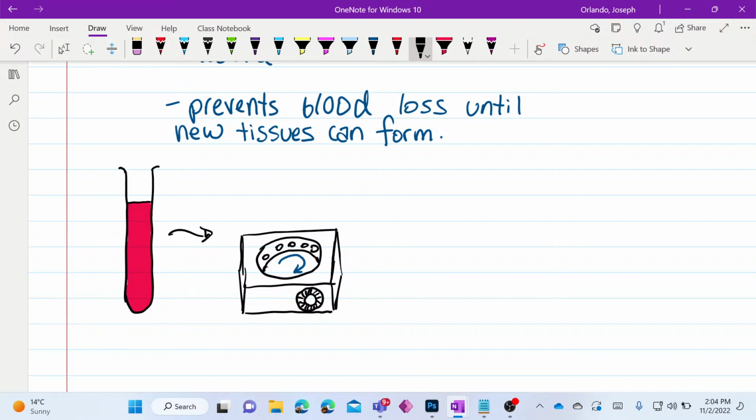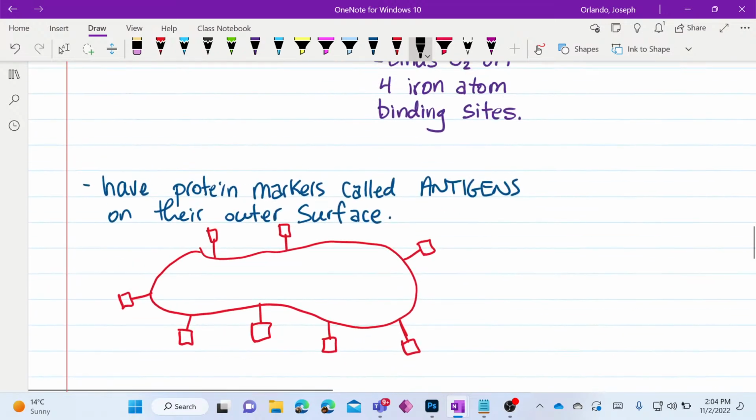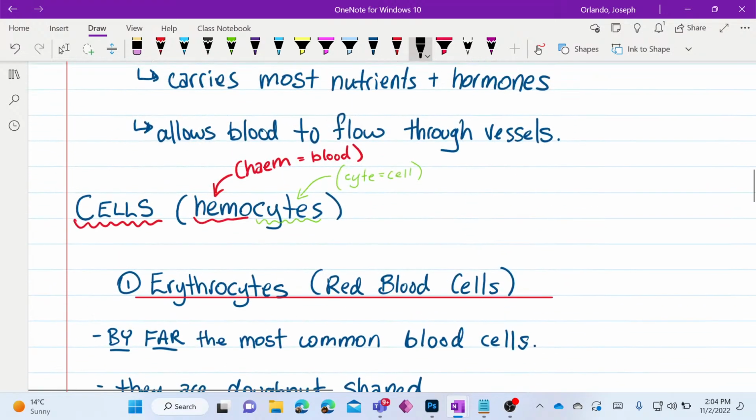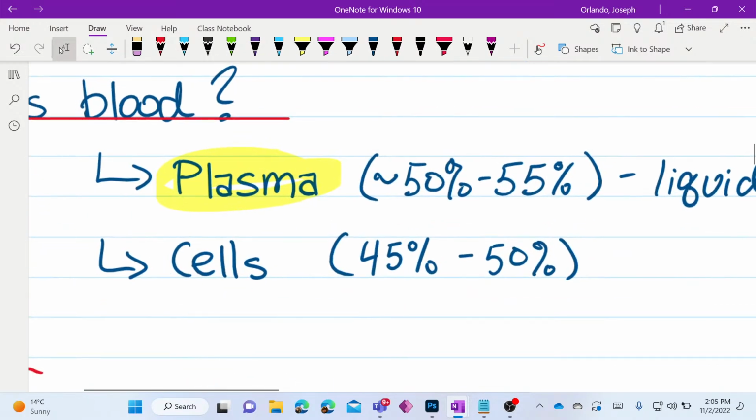So if I take blood and I put it through a centrifuge, I can actually get it to be separated into its individual parts. And we said, what makes up the biggest portion of blood? Blood cells. Do they take up most space? Oh, it's plasma. Yeah.